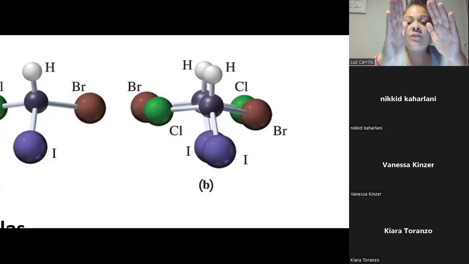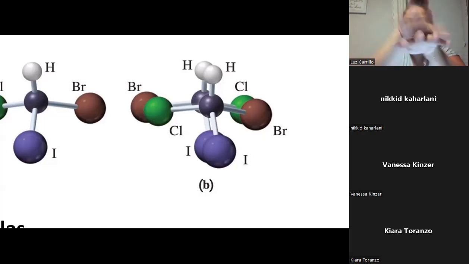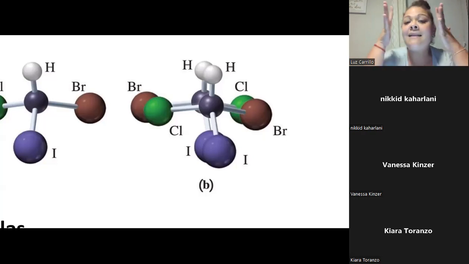But when you try to superimpose them, put one on top of the other, it doesn't matter which direction, you cannot overlap your fingers. So your hands are a chiral object.